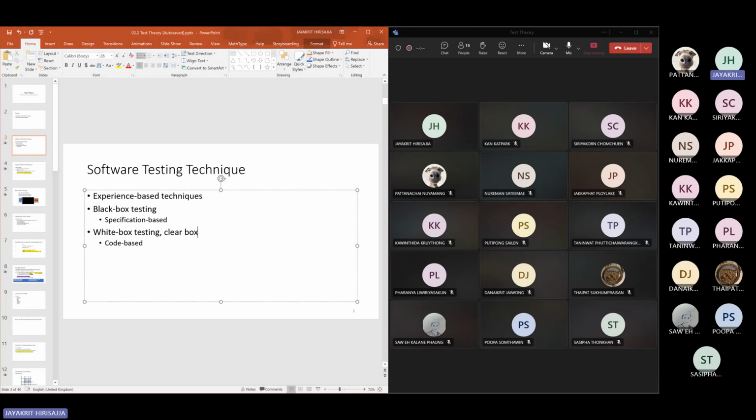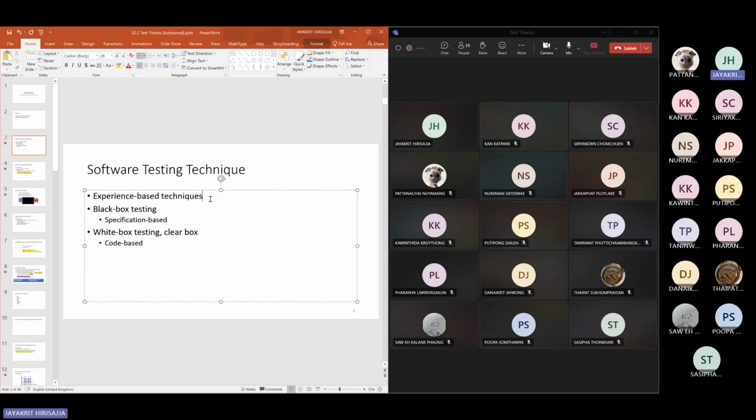It means a box that we can look inside, touch, and go into as much detail as we want, down to the basic functional unit. We need to test whether each unit is working as we want and composed into one box. So these are the two main ideas of software testing: black box testing and white box testing.